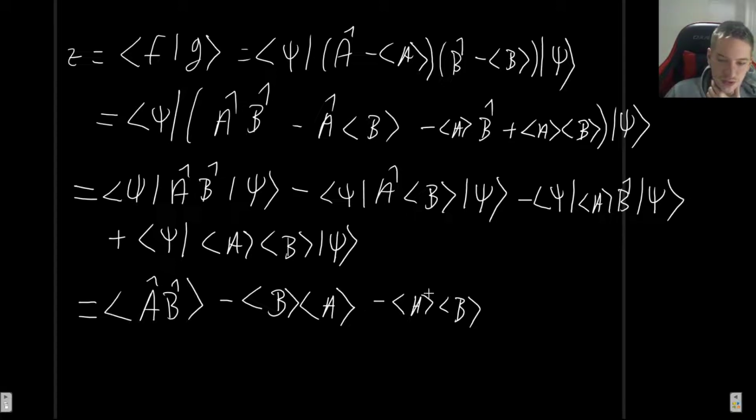But remember, these two are just numbers, so they commute. You can just flip them around as you please. So these two are actually the same. And finally here we have the expectation value of these numbers. But these numbers you can just pull outside, and then you just have this inner product of psi with psi, and if the state is normalized, which is something that we are assuming here, because you can just go ahead and normalize wave functions.